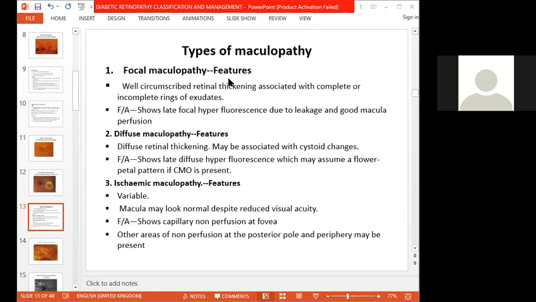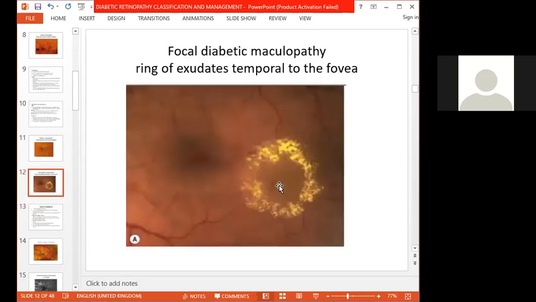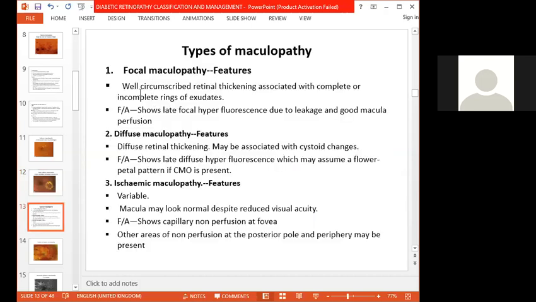You see, focal maculopathy, this. The point of leakage is here in the center. So the exudates make a ring, but the point of leakage is here. These are exudates leaking from a vessel which is here, and they form a ring. Focal diabetic maculopathy, ring of exudates. That's the best example I can give you.